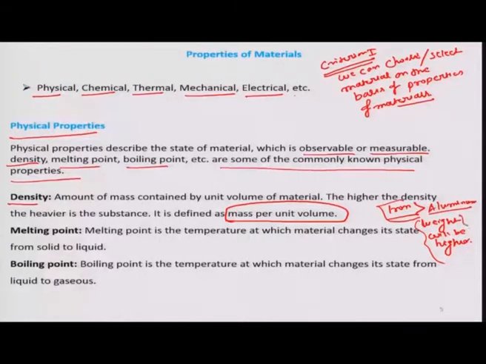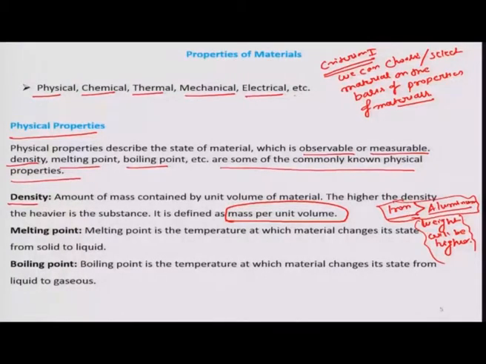So suppose you take a constraint that the material machine part should be lighter in weight, so you will have to choose very intelligently which material will be suitable for your product.